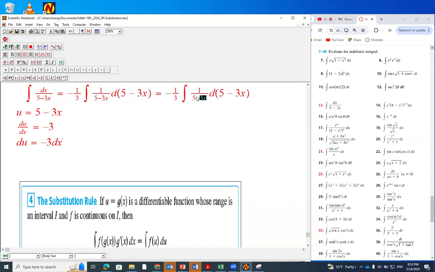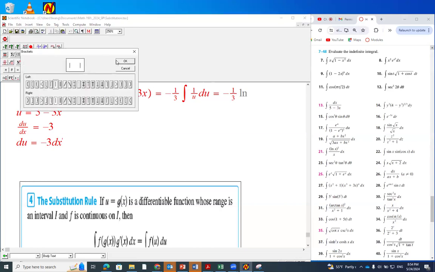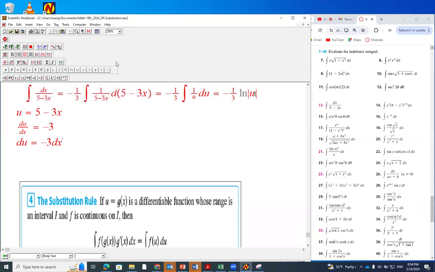Let's see what we get. This is a u, and that is a u. Antiderivative, -1/3 ln absolute value of u plus c.